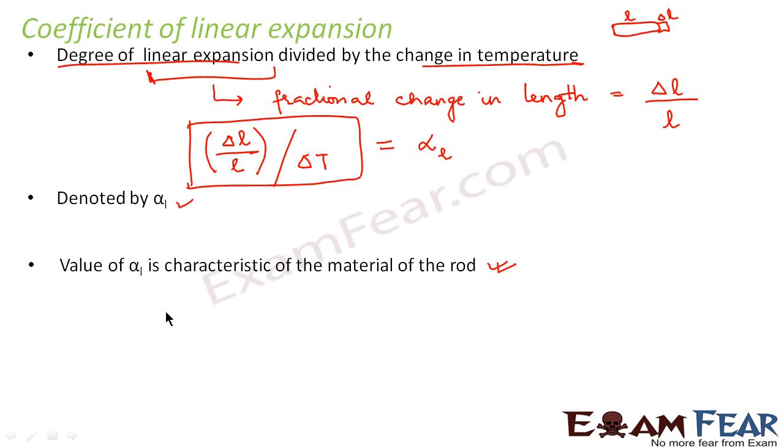So from this slide, we concluded that coefficient of linear expansion, alpha L, is equal to delta L divided by L per unit change in temperature, delta T. Or it is mostly written in this way in most textbooks, that is alpha L into delta T is equal to delta L by L.